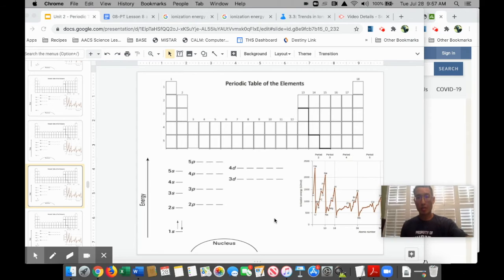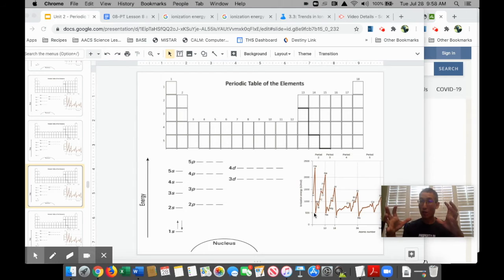So now, as we've filled up the 1s orbital and we're moving on to the second row of the periodic table, we see that there's a huge drop in the energy that it takes to remove that outer electron. And remember, there's a couple factors in this. A lot of you hopefully remember that as you go down the periodic table, you start going out in energy level.